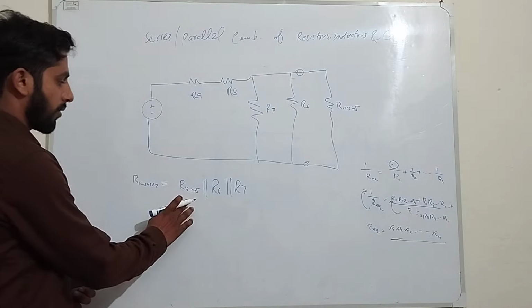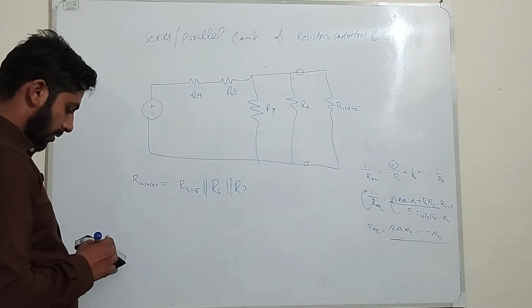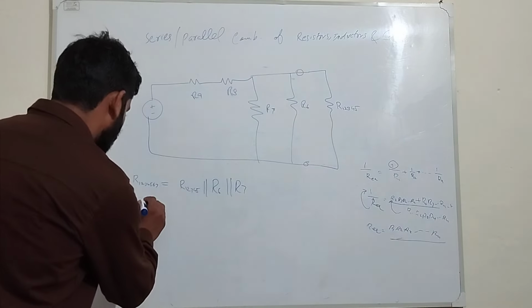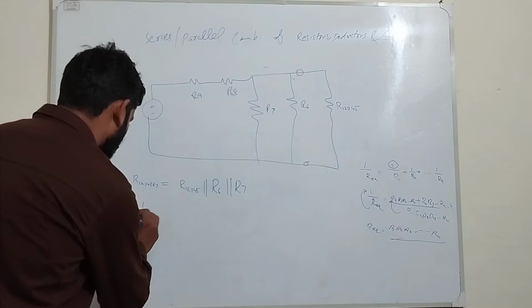So R5, R6 and R7 will be solved here. 1 over R1234567, the equivalent resistance, is equal to 1 over R12345 plus 1 over R6 plus 1 over R7. Now solve it.